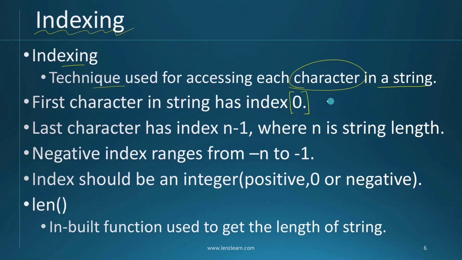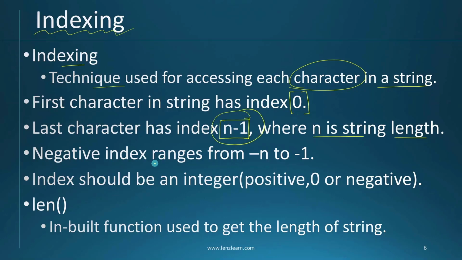The index always starts with 0 and then goes 1, 2, 3, 4 like that. And the last character always has index n-1, where n is the length of the string, because we are starting with 0. So if the total string has n characters in it, then the last character will be available at position n-1. When we see the example, you will understand the concept of this n-1.